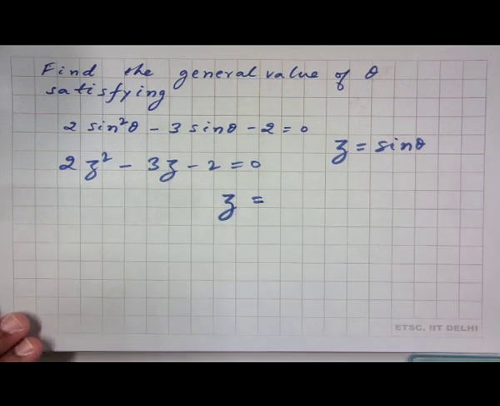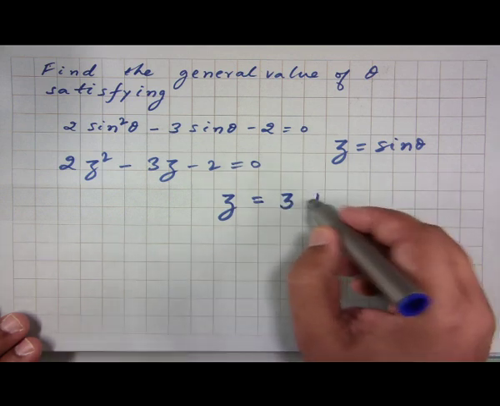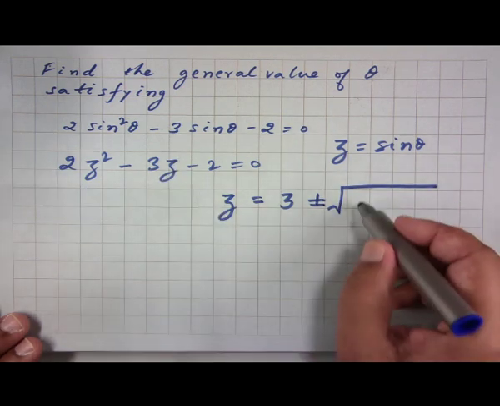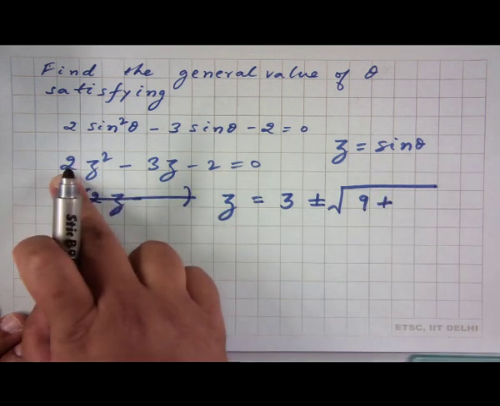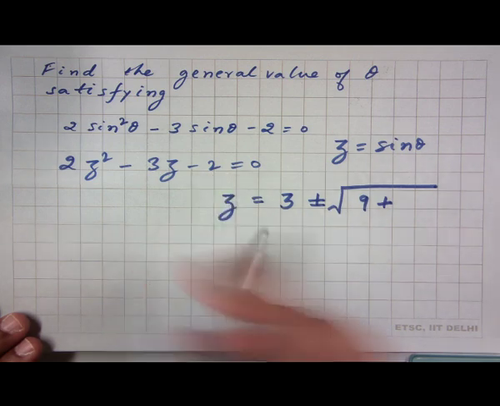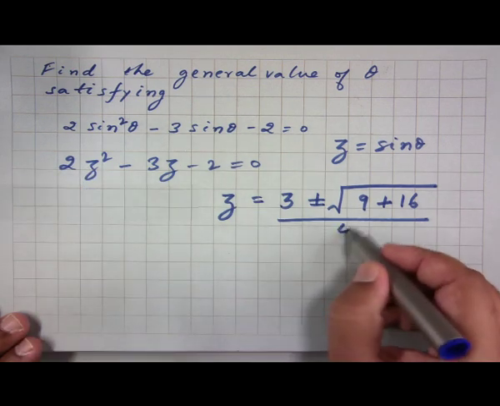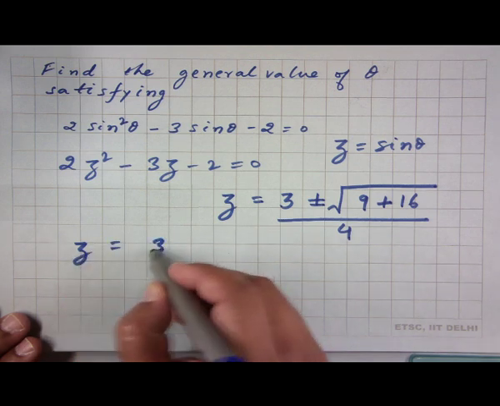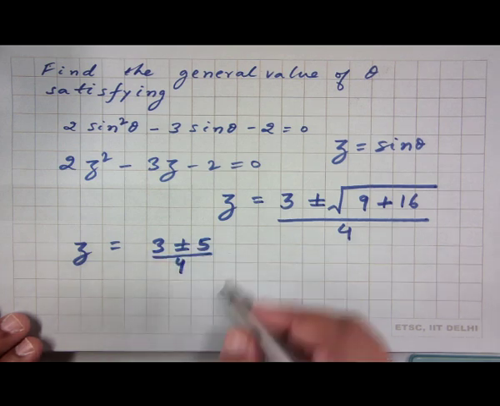The solution to the equation is given by z equals 3 plus minus the square root of 9 plus 4 into 2 into 2, which is 16, over 2 times 2, which is 4. So the two roots are 3 plus minus 5 over 4.